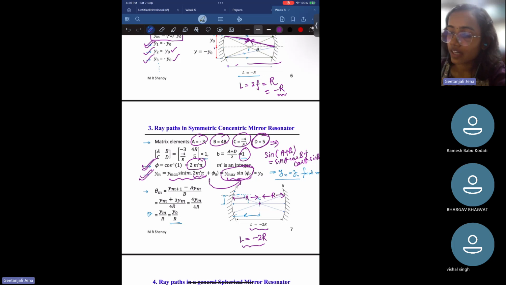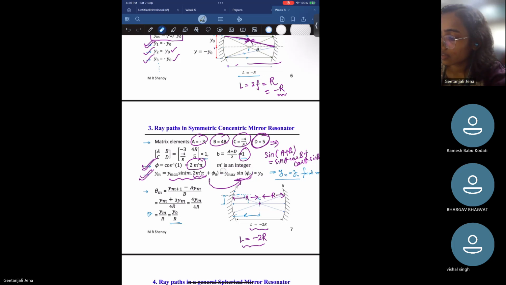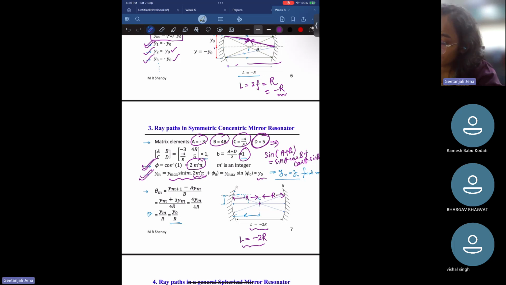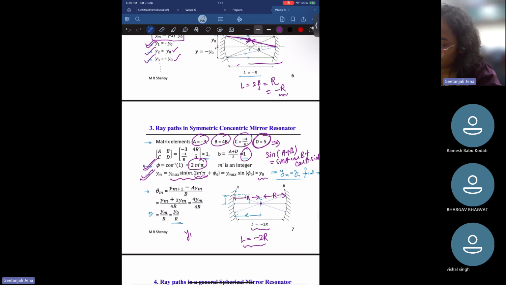And this y_max sin φ0 is nothing but y0, right? This is y0. So that means this value ym is equal to y0. This is the relation we got. And what is the value of theta then? Theta we can calculate from here by putting the value of y(m+1).